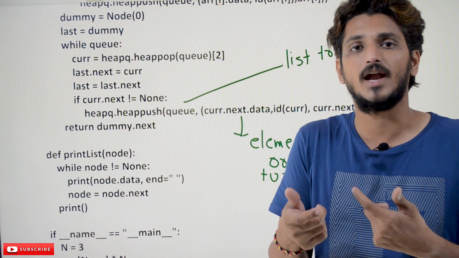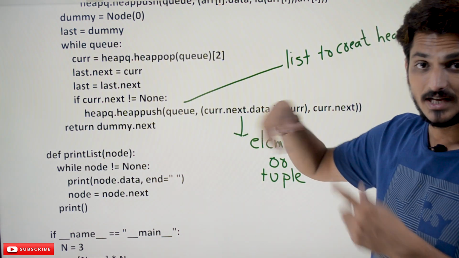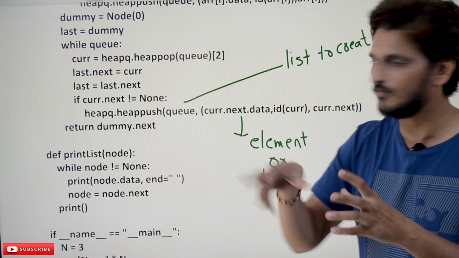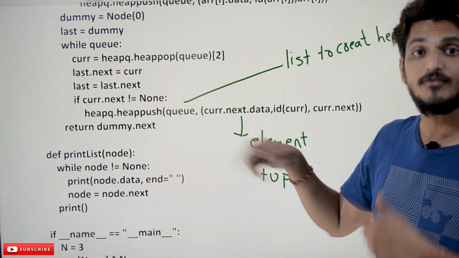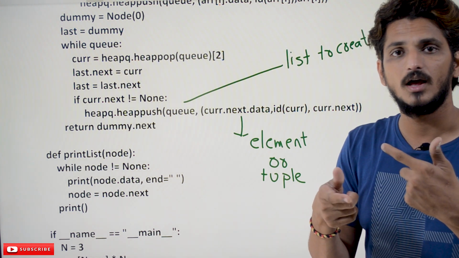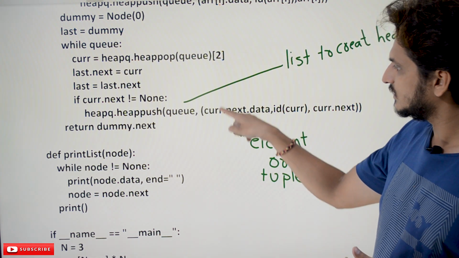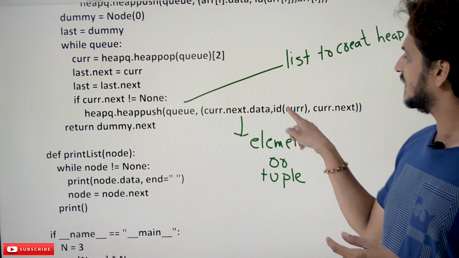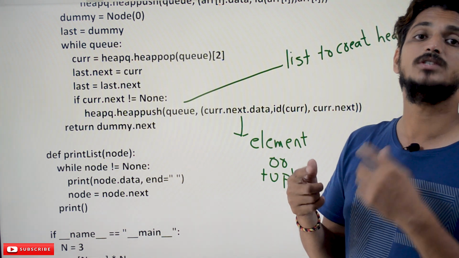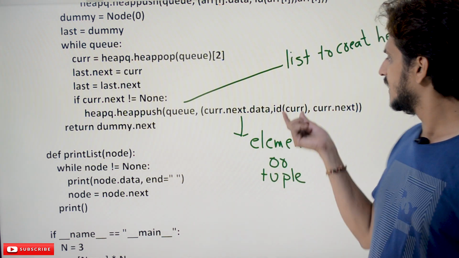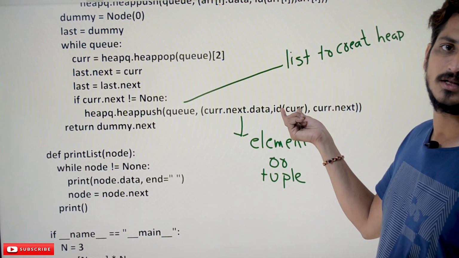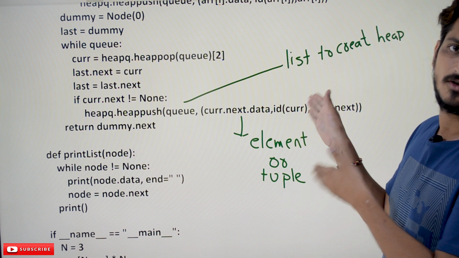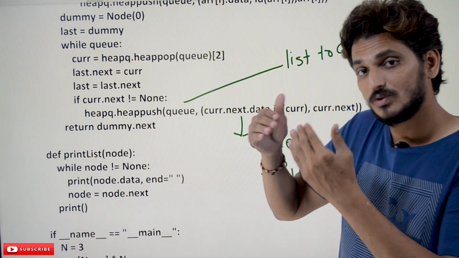Whenever the heap push function executes the heap adjust, it creates a heap with this element. If duplicate elements are found, it has to decide which element to consider first, so it takes the next value in the tuple. That's why we have given a sequence number, so that the order is maintained.